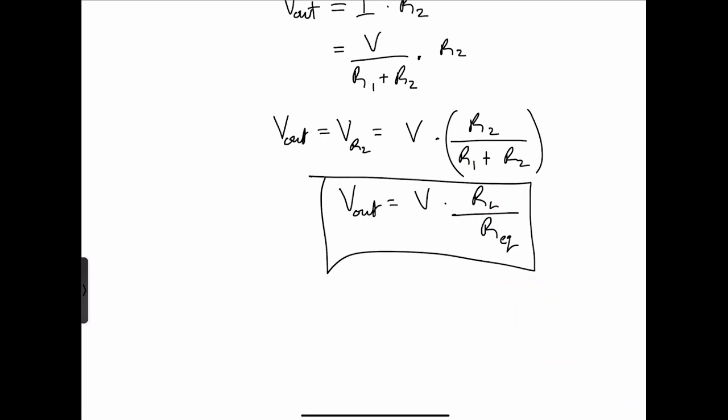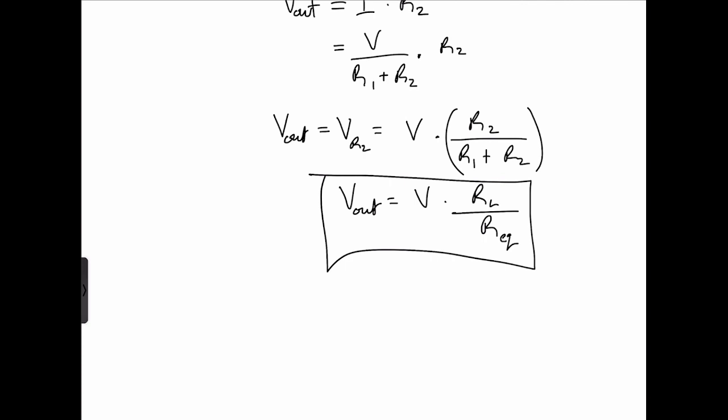Okay, so basically what I was saying is that in a series circuit, the voltage is divided up amongst each resistor. So therefore, when we need to find the voltage drop across a resistor in a series circuit, we need a voltage division equation.